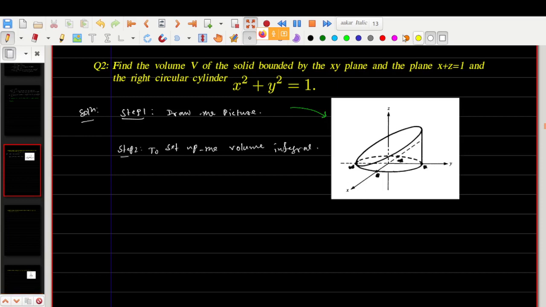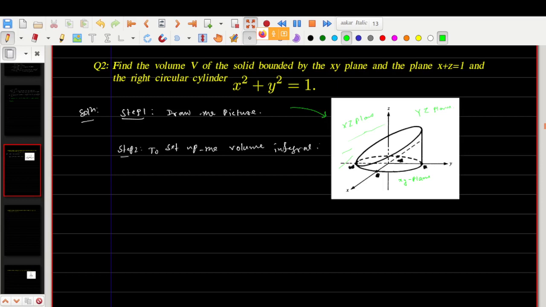So here it is your xy plane, and this side here is the xz plane, and this side is the yz plane, right?